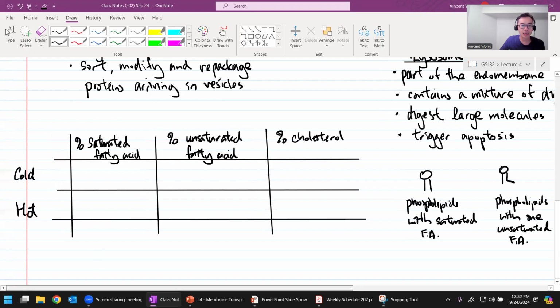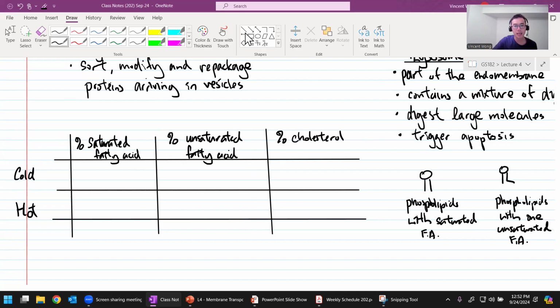So, cold. If the environment is cold, then things tend to solidify, right? Things tend to freeze up. Things tend to become solid. So we do not want the cell membrane to become solid. If the cell membrane is solid, then nothing goes through, right? So we want to keep it fluid, which means in a cold environment, you want to increase fluidity.